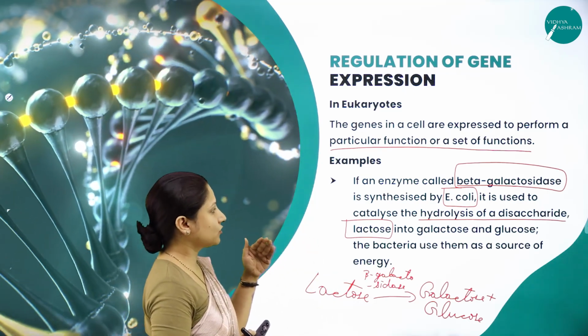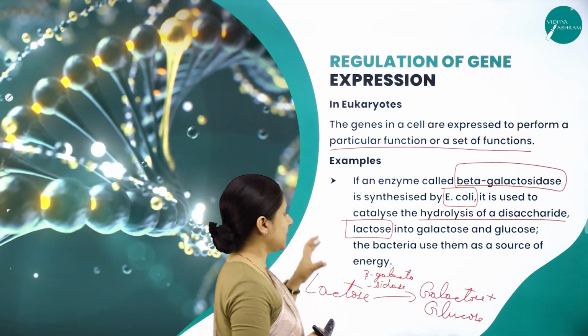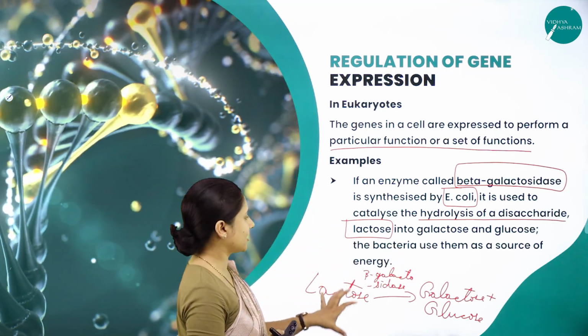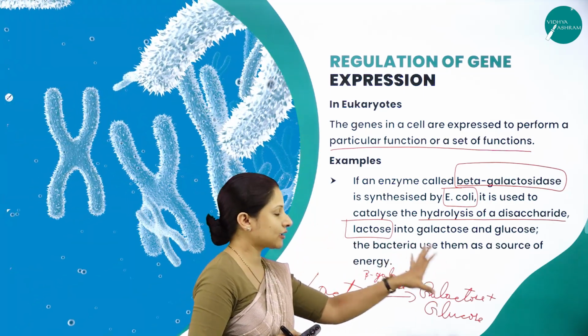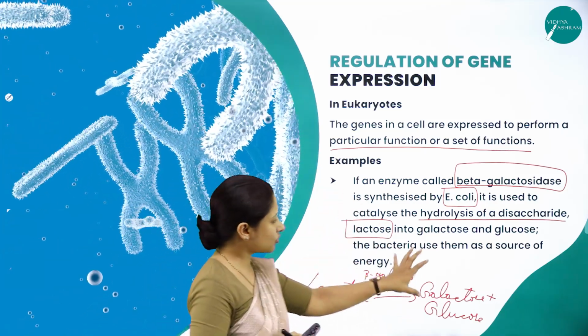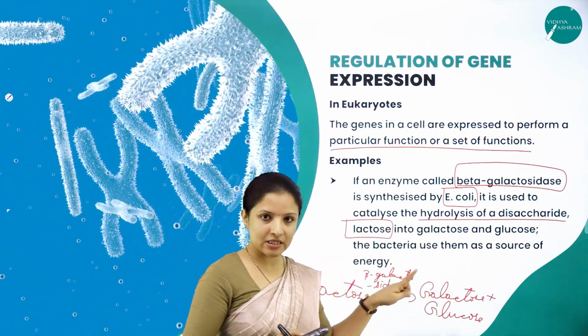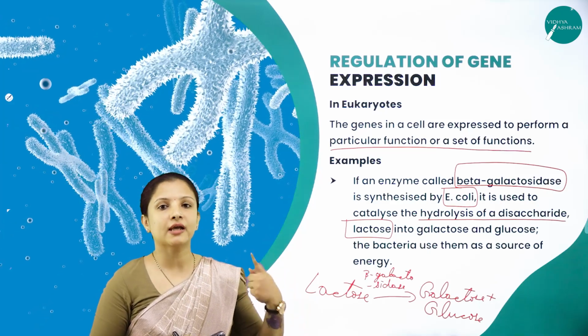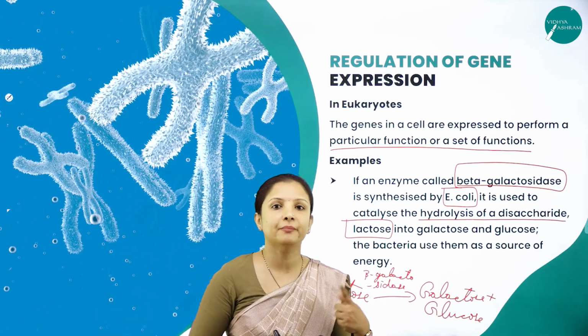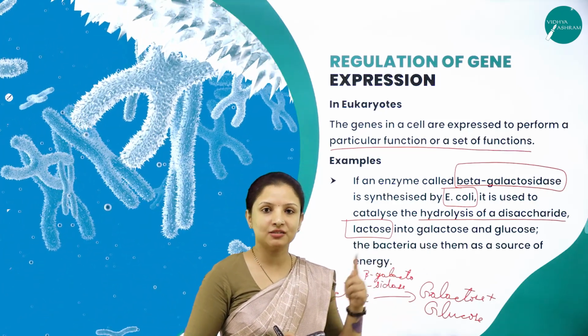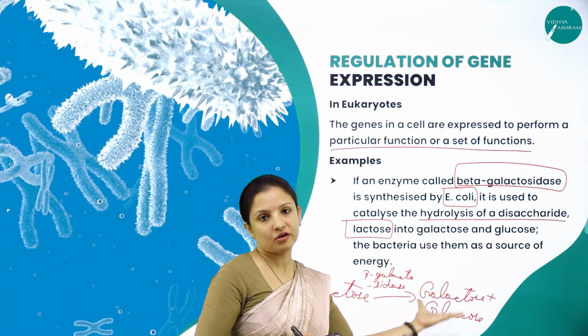That enzyme helps in the conversion of a disaccharide called lactose into galactose and glucose. And this galactose and glucose is needed for various metabolic activities to happen properly in the bacteria, because they are the source of energy.